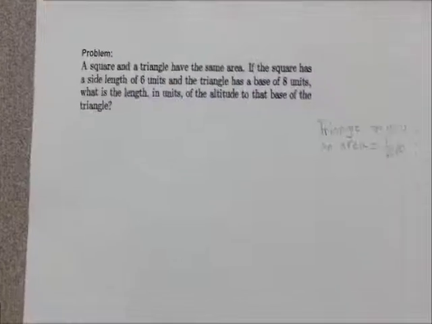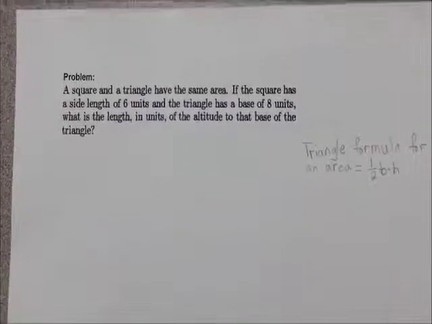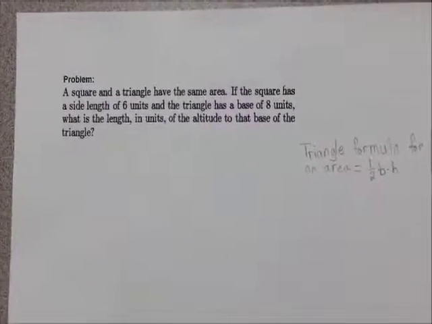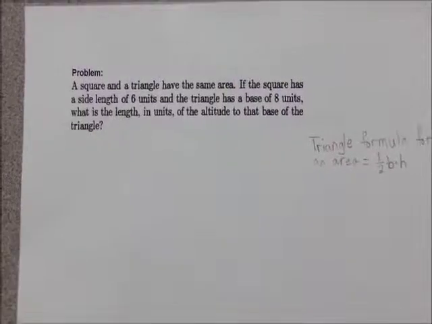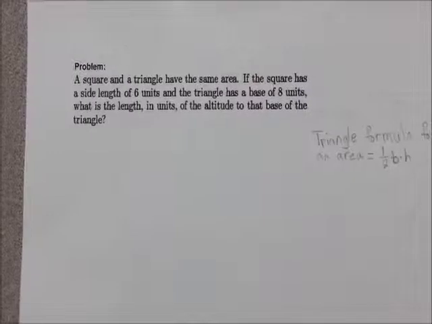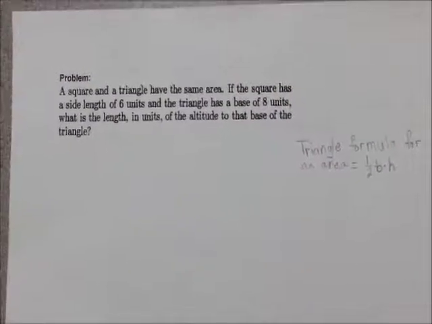Our third problem is, a square and a triangle have the same area. If the square has a side length of 6 units and the triangle has a base of 8 units, what is the length in units of the altitude to that base of the triangle?